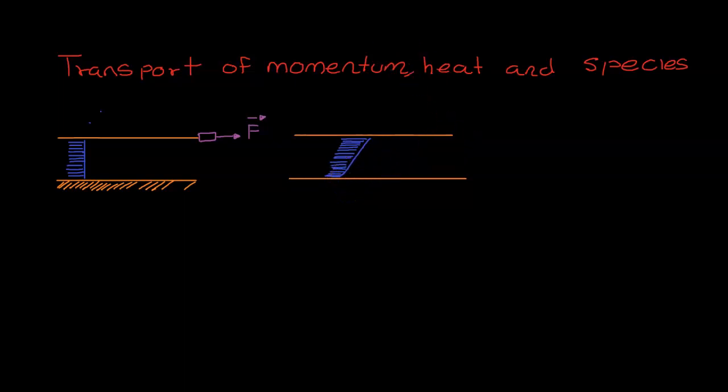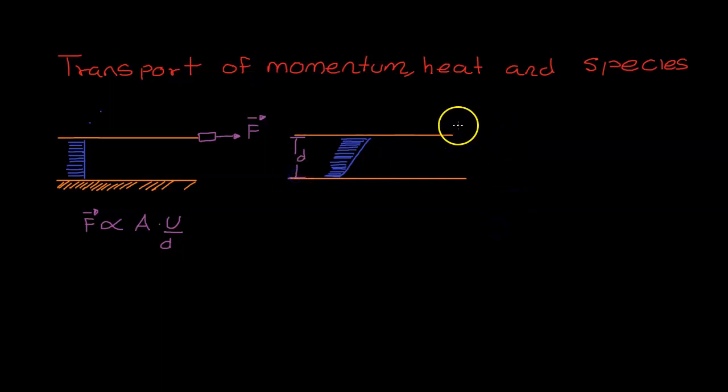After some analysis of this, which I'm not going to do in much detail, the physicists and engineers realized that the force we are applying here is proportional to the area times the velocity over the distance, which is just the distance between the two plates.